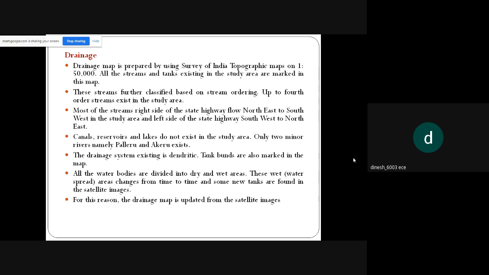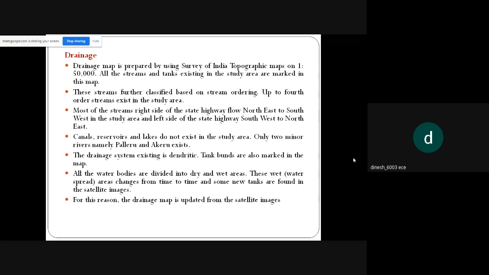As you have seen in land surveying, it is done for 1 is to maximum 1 million at level 1 in macro level. Similarly, here it is done for 1 is to 50,000. So all the streams, water streams and tanks existing in this study area are marked in this map.